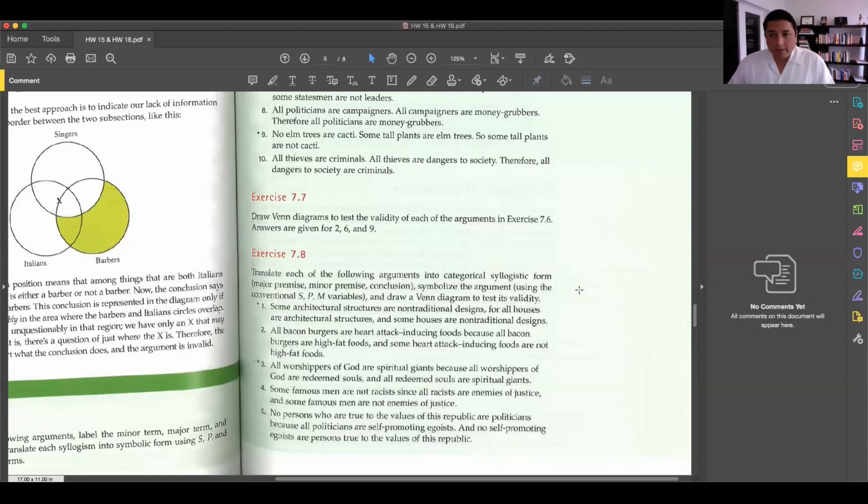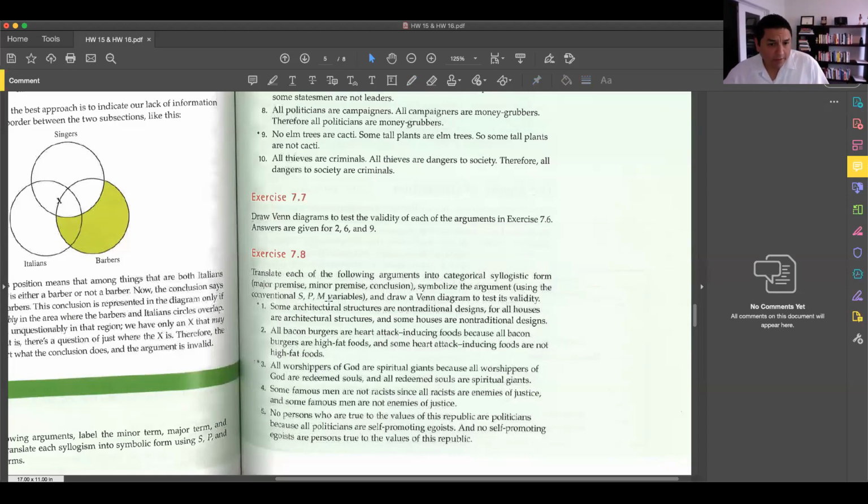On 7.8, you have to do three things. You first render these into categorical syllogistic form, which means putting them in the structure that we introduced at the beginning of the presentation. Then you put them in symbolic form, and then you draw a Venn diagram to test for validity.